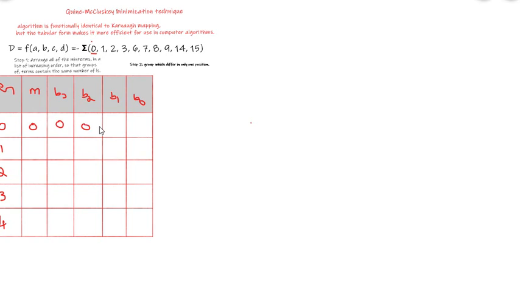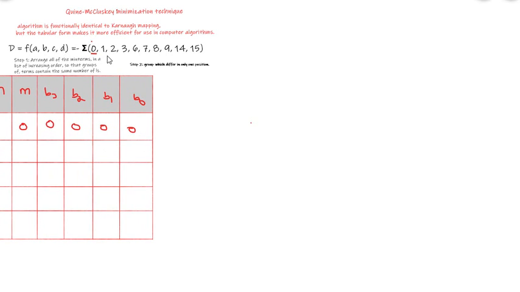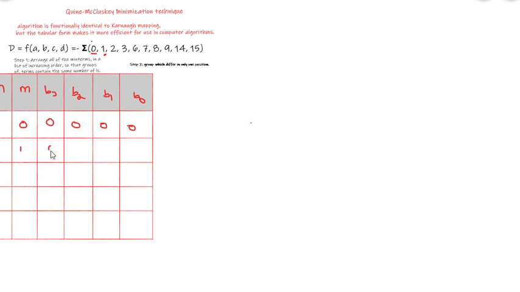First we take 0. 0 is a minterm whose binary representation has 0 ones. So we take m0, and its binary representation is all zeros. Then 1: its binary representation has one 1, so m1 is 0, 0, 0, 1.